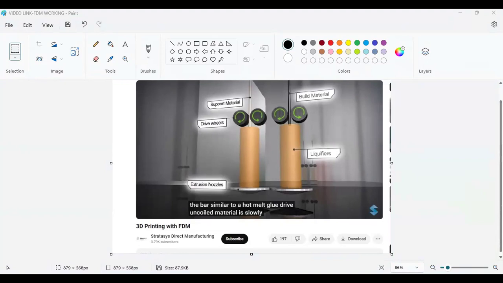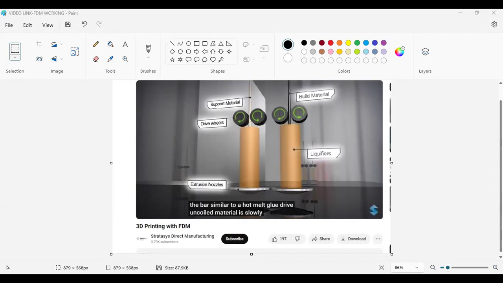The video we watched provided an in-depth understanding of wire additive manufacturing with a focus on fused deposition modeling, FDM. We also delved into Stratasys, a leading company in this field, and the different products it offers. Furthermore, we explored the various stages involved in FDM 3D printing, such as pre-processing, building and post-processing, including the machine architecture with the details of the liquefier and the pinch roller mechanism.